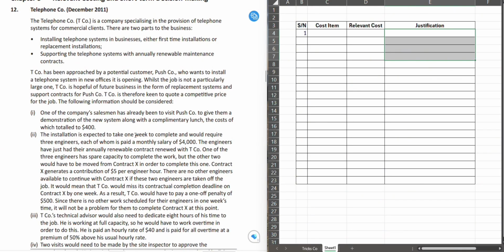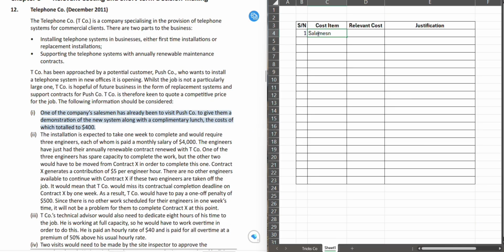And for them to get a highly competitive price, they need to be on top of their game in terms of costing, which means they must not overcost, and likewise, they need to be profitable as a business. So they really need to know what cash flow they are losing, such that they can now add extra on top of that as a margin to make profit. So the first note is the salesman's cost, which is what I'm going to put here.